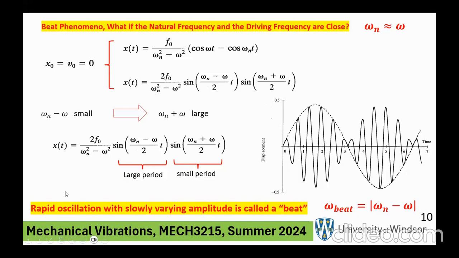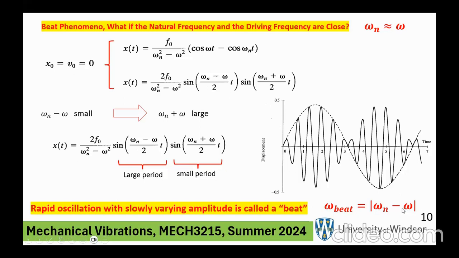So rapid oscillation with a slowly varying amplitude is called the beat phenomena. And by definition, omega beat is the difference of omega n and omega.